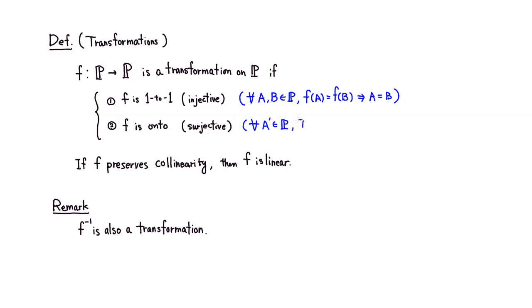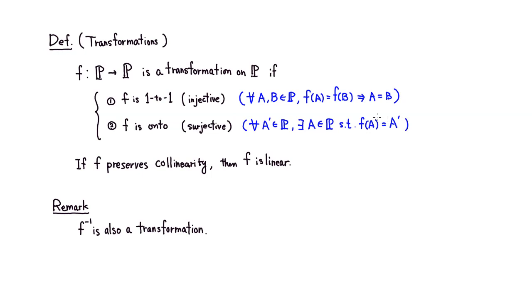There's always a corresponding point, I'm going to call it A, in the domain P, such that F of A is exactly the same thing as A prime. So that's what we need to show to establish that F is onto.